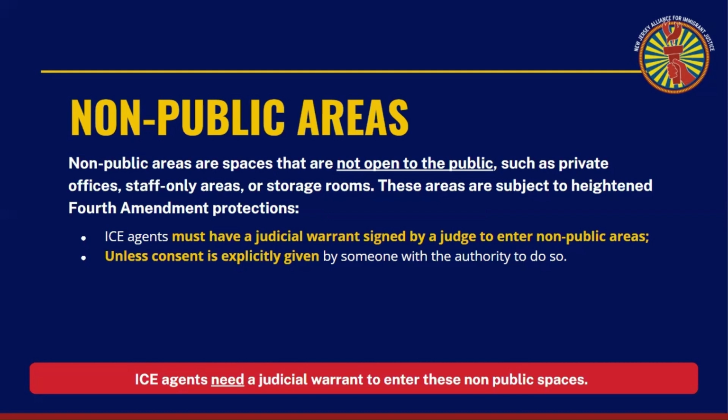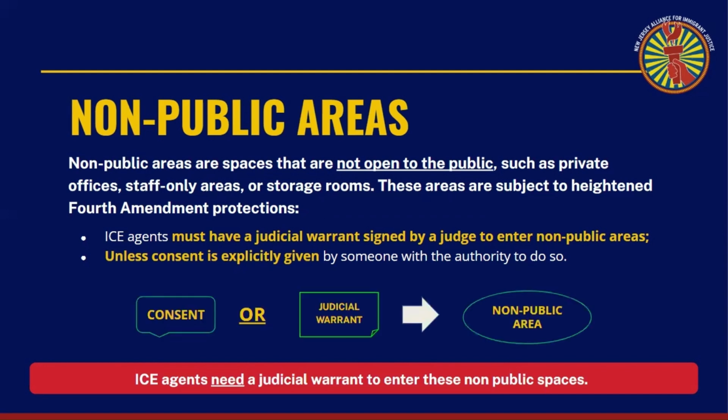Without a judicial warrant, ICE cannot legally enter these spaces. Understanding the differences between public and non-public areas is critical when protecting your rights. Now let's go over what to do if ICE attempts to enter a non-public area without a judicial warrant.